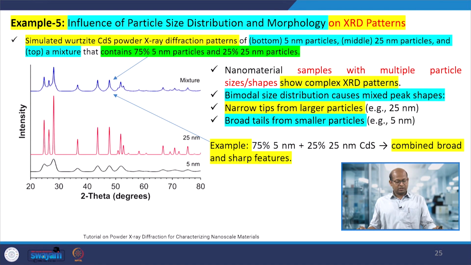Another example: particle size distribution and morphology in X-ray diffraction patterns. Here 5 nanometer CdS powder was taken and an X-ray diffraction pattern was obtained, and another CdS powder with a 25 nanometer crystallite size was prepared.